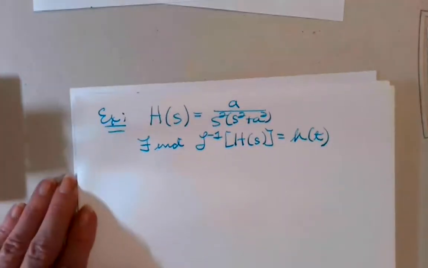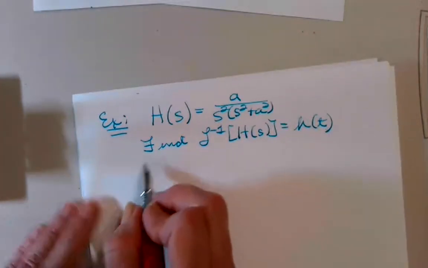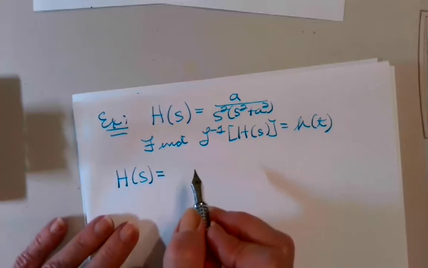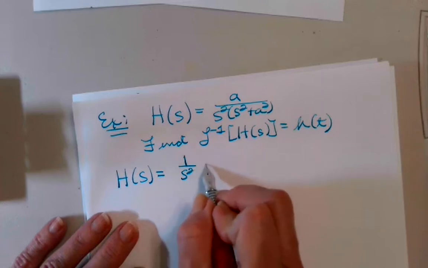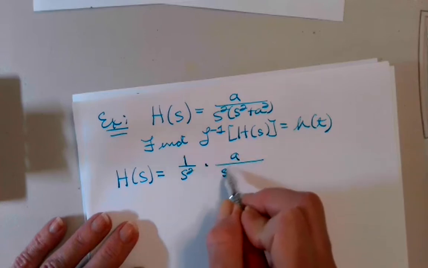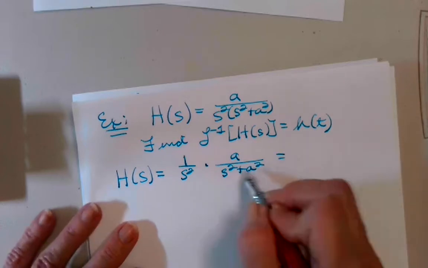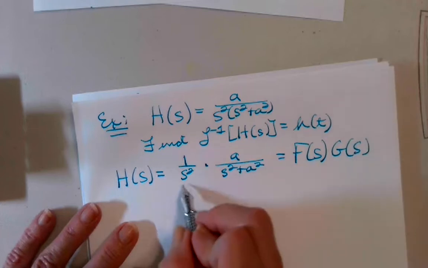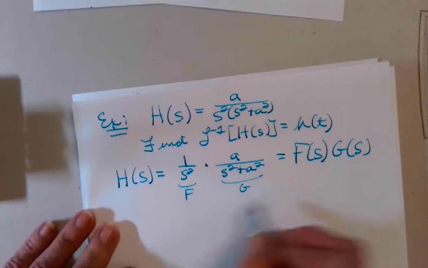Here's how I would do this now that we know this trick. H of s, I'm going to write as 1 over s squared times a over s squared plus a squared. I think of the first one as F of s, and the second one is G of s. So here's my capital F, and here's my capital G.